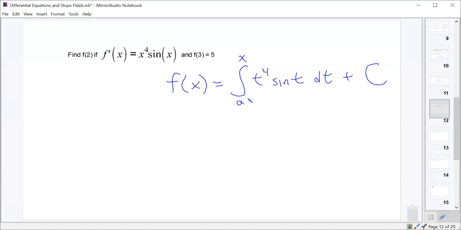So what does A need to be? 5 or 3. A needs to be 3. And what does C need to be?